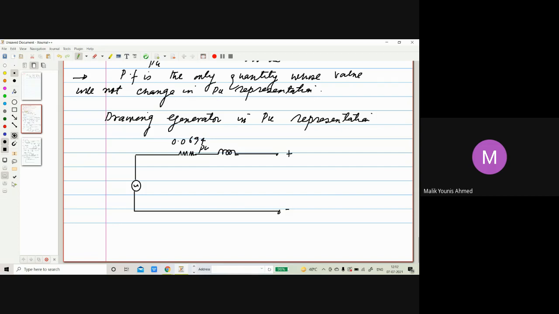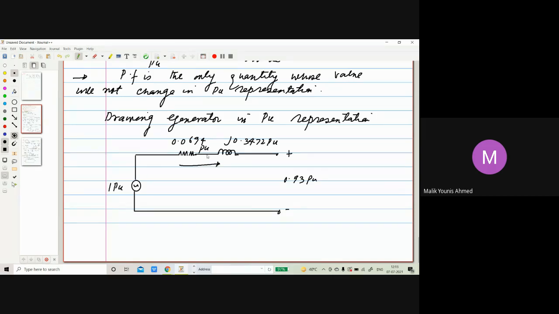This resistance value was in per unit. And J was 0.03472. Just check it. And this is 0.93 in per unit terminal voltage. Value is always 1 per unit voltage.